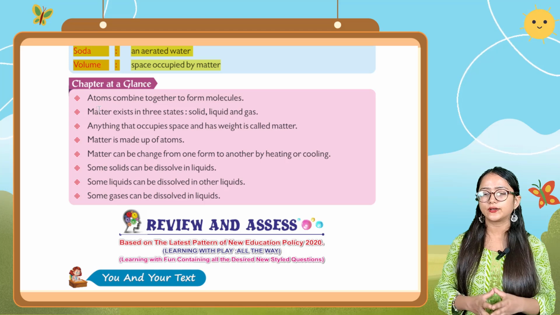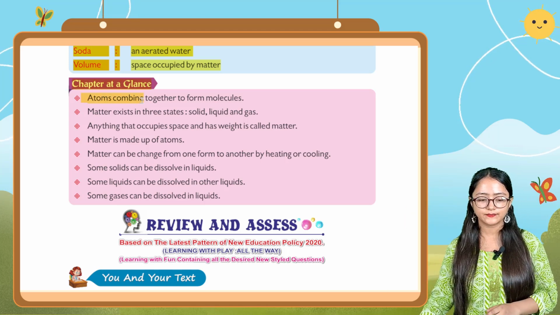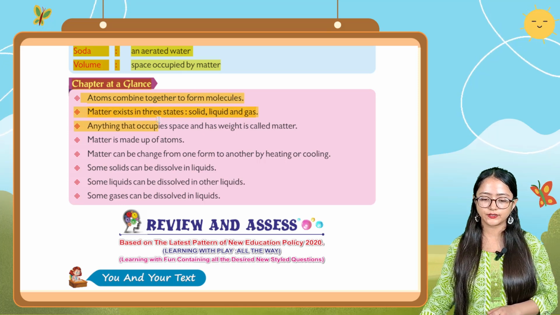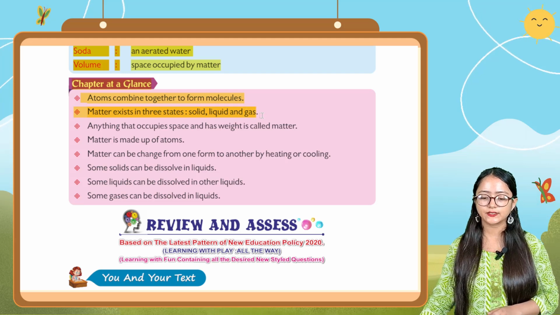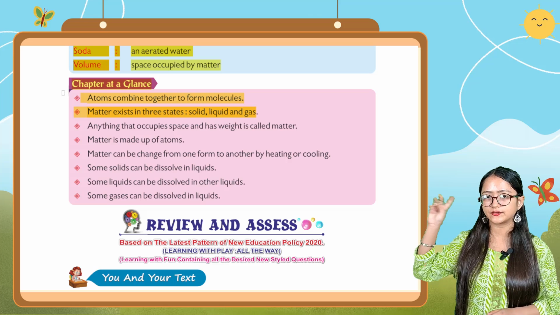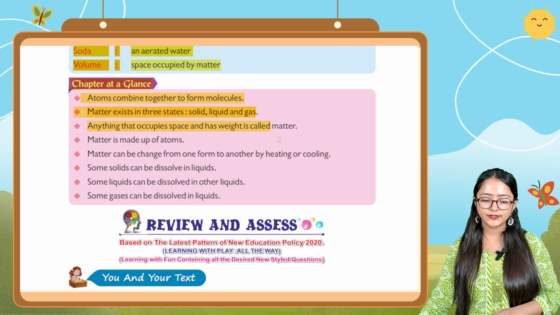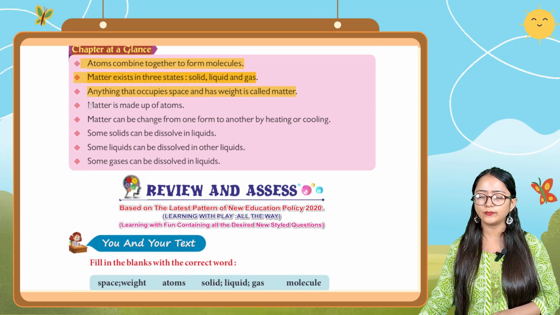Now we're going to study the points of the chapter at a glance. First, atoms combine together to form molecules. Matter exists in three states, solid, liquid and gas. Anything that occupies space and has weight is called matter.